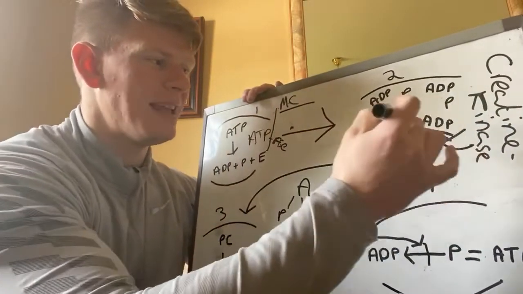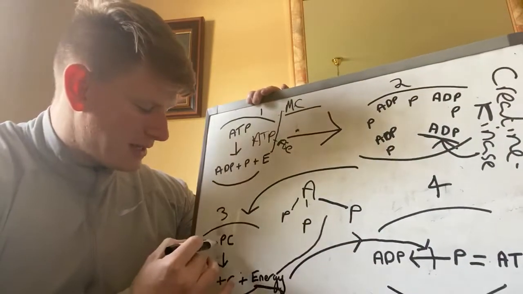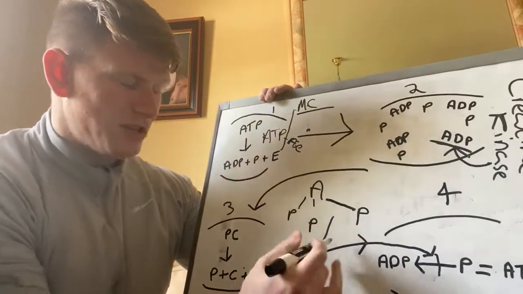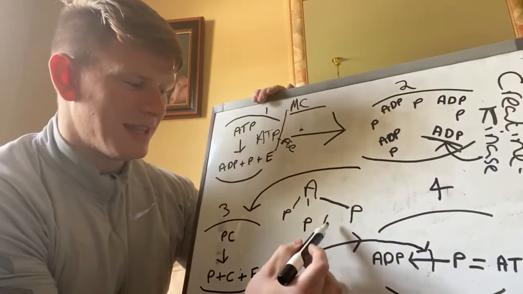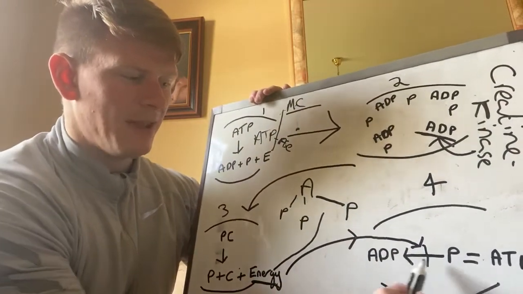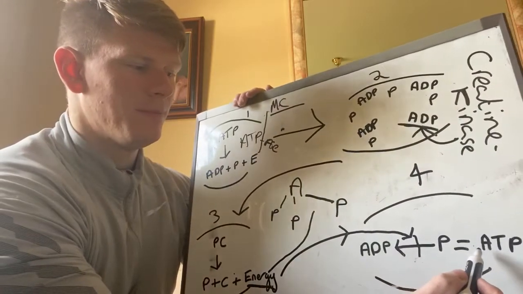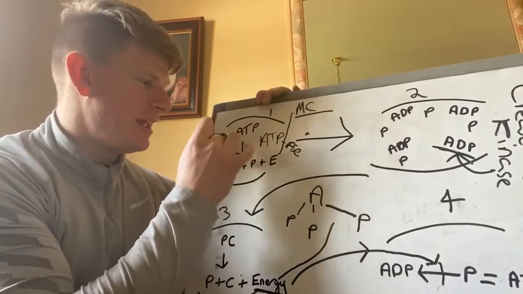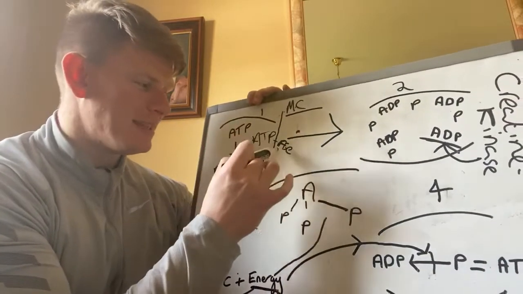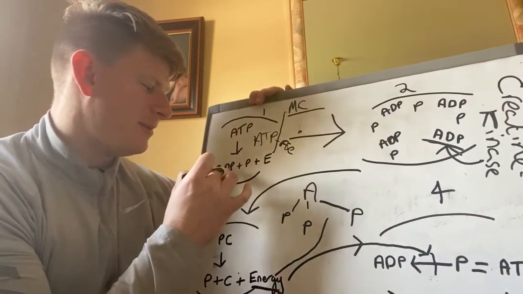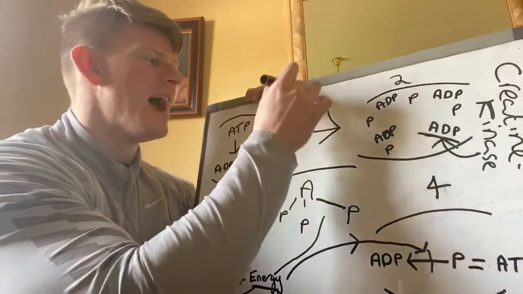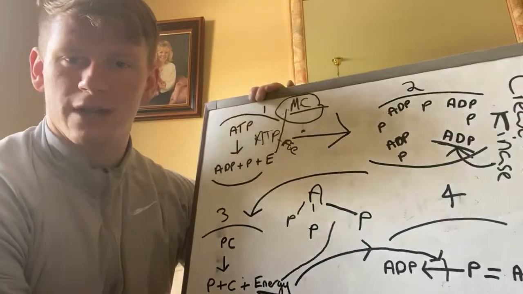It breaks down PC into P plus C plus energy. This energy is used to resynthesize ATP through ADP plus P plus energy. Now ATP can be broken down by ATPase into ADP plus P plus energy, and now I can perform muscular contractions once again.